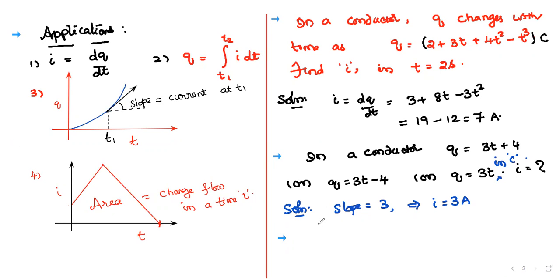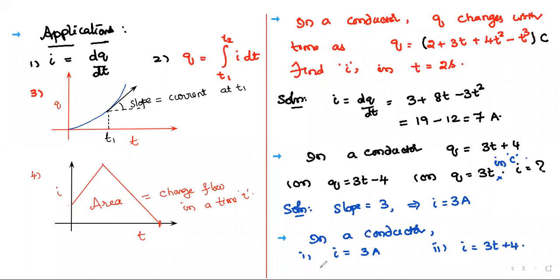Even the second model also, if I ask, you can solve. Again, ready with your pen and paper, and without my help, you try to solve. This time I'm saying in a conductor, I equals, first model, 3 amps. Number 2, I equals 3t plus 4.